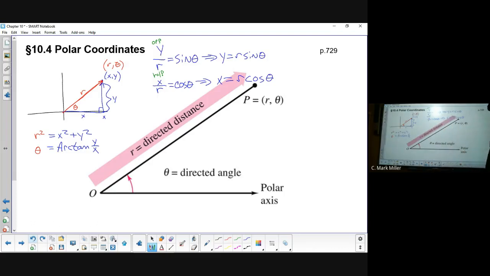Now there's a slide coming up here, but just from that discussion, you know how to get from x's and y's to r's and thetas. If I hand you x's and y's, you plug them in here and you hand me an r and theta. If you hand me r and theta, I plug them in here and I hand you back x's and y's. See? All right. So they are two ways of doing the same thing in that aspect.